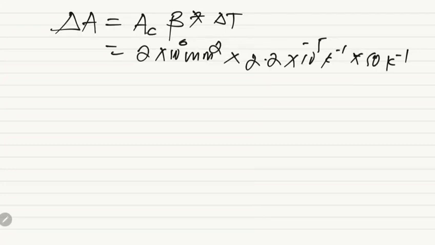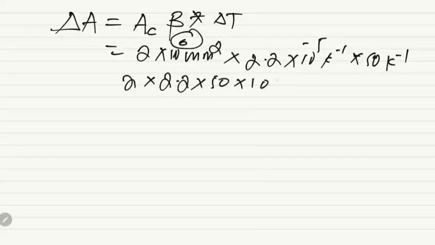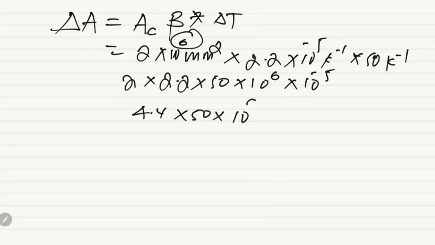Now let's calculate this. We have 2 times 2.2 times 50 times 10 to the power of 6 here times 10 to the power of minus 5 there. So 2 times 2.2 is 4.4, times 50, times 10 to the power of 6 plus negative 5, and the unit is millimeter square.